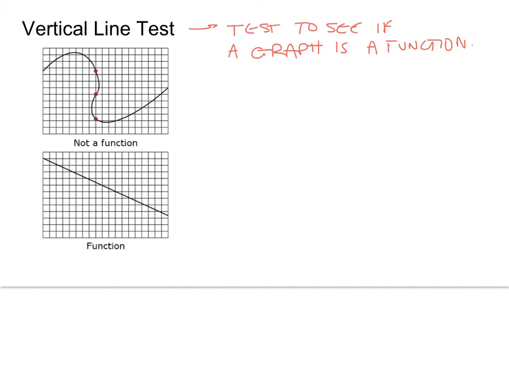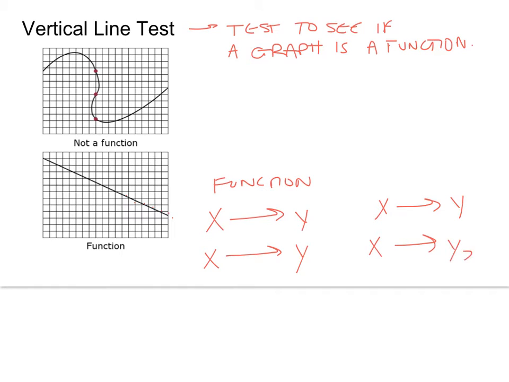So here, any of these points along this bottom line, 1 x would go to a y. And if I went to that same x, it would go to that y again. So this is a function. Not a function would mean x would go to a y, but then x would go to a different y. So it would be a y1 and a y2 situation.